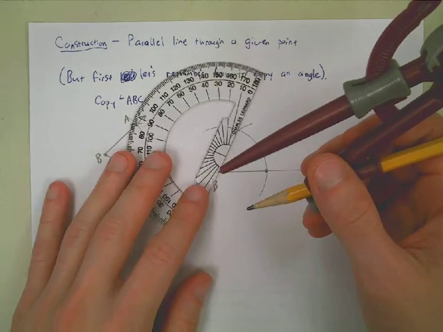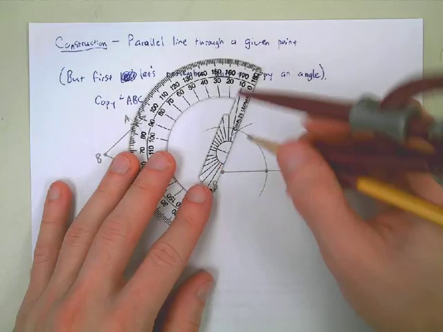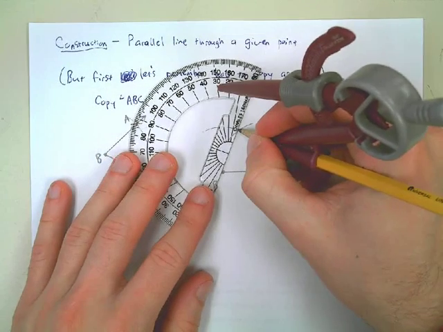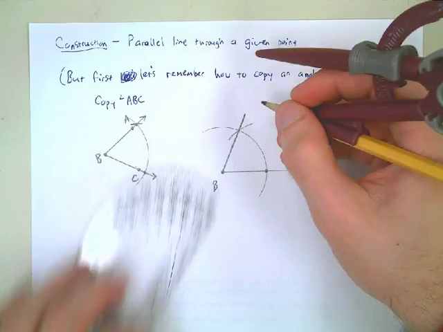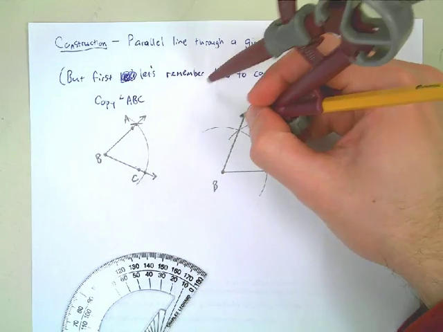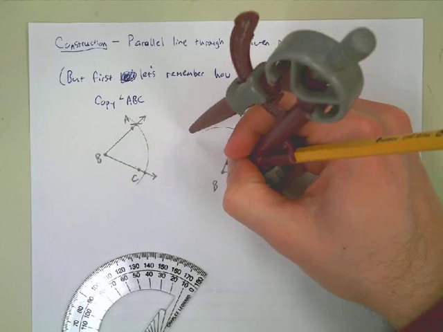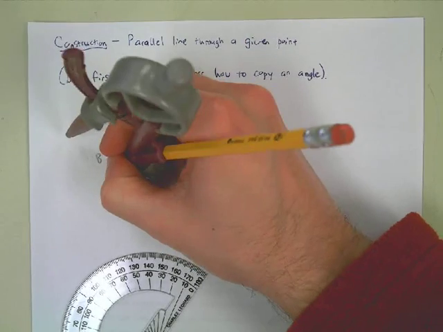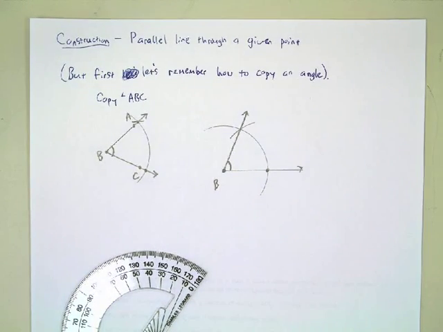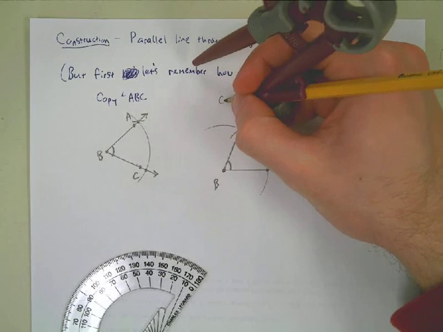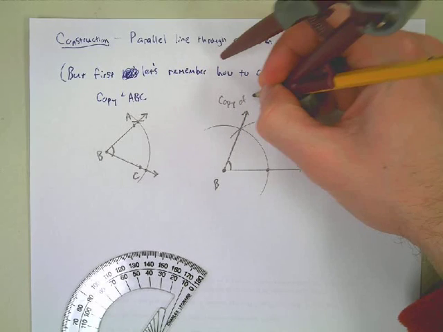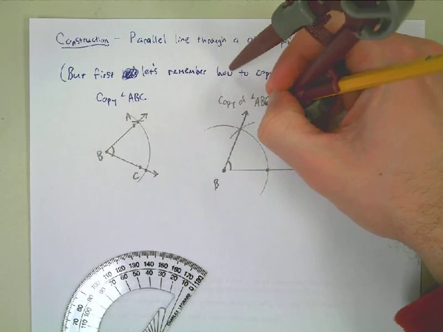And there's the copied angle. This angle is congruent to that angle to measure them. So there it is.